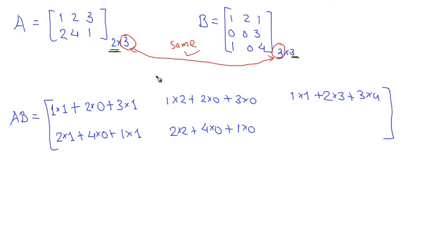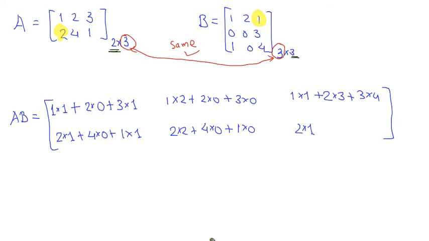Okay, so now last, second row, third entry. So second row of this, third entry. So that is the third column of this. So how do we do this? 2 into 1. So this entry. This is 2. This is 1.